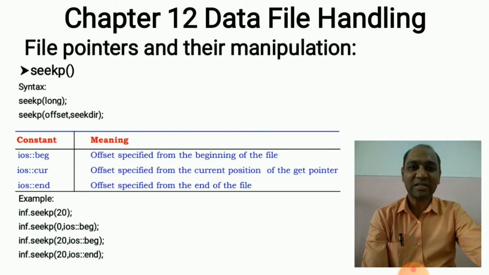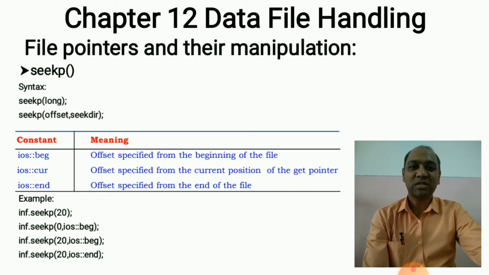Next we'll continue with examples. inf is the object, dot seekp(20). So we are moving the put pointer to the 20th byte from the beginning of the file. inf.seekp(0, ios::beg). This indicates that we are moving the put pointer to the 0th byte from the beginning.